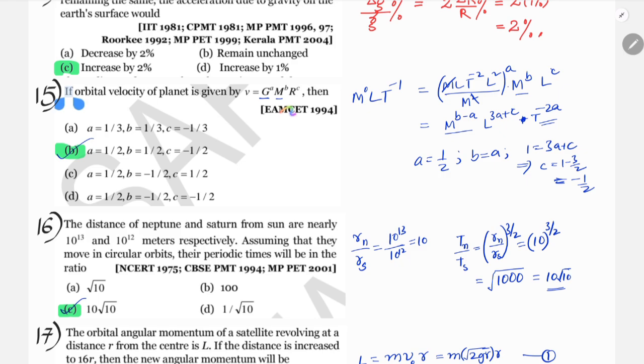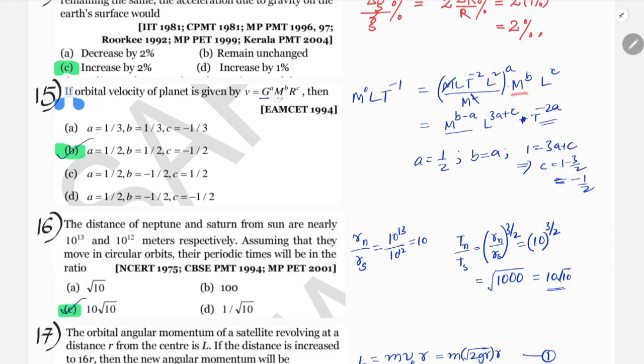What is the unit of G? We know Newton meter square per kg square. That is converted into basic dimensions: Newton is M L T power minus 2, mass into acceleration, into L square by M square.